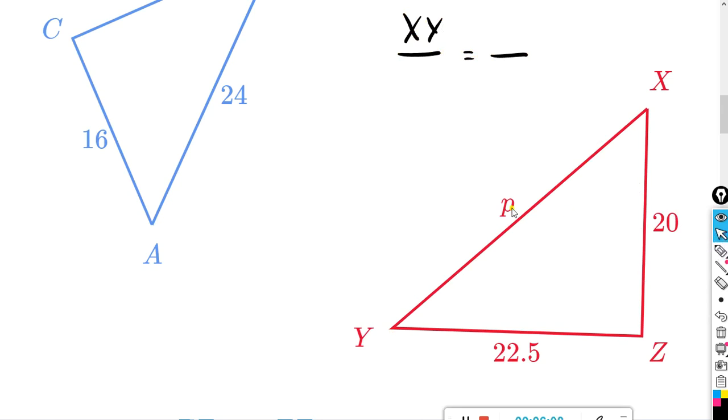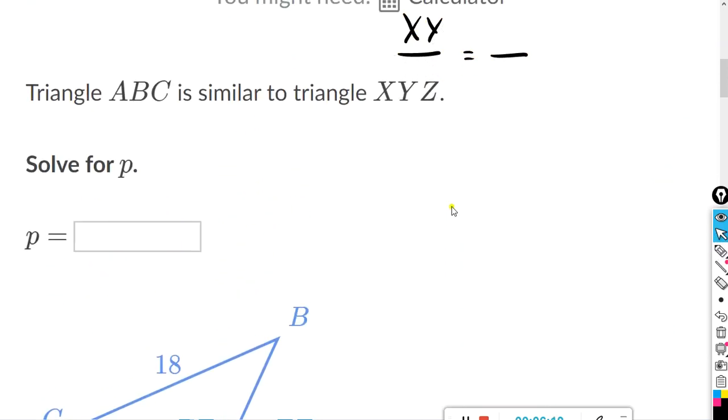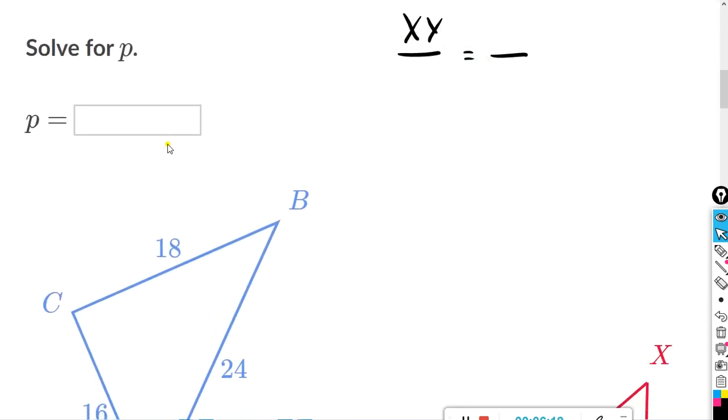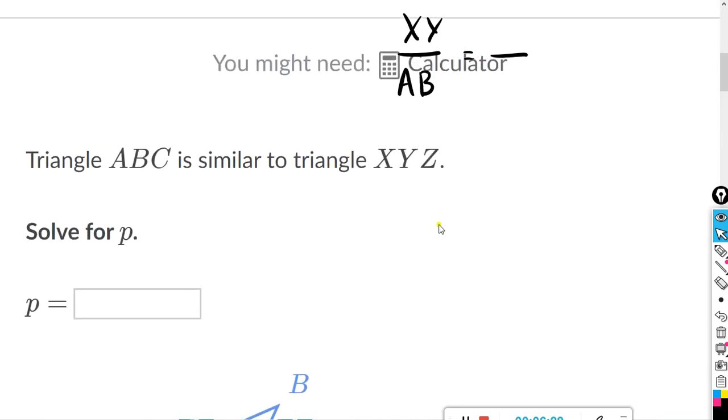Now let's look at the statement. XY is the first two letters, so I'm going to choose the first two letters here, AB. So we start with XY over AB. Then on this fraction, we choose any other corresponding sides.